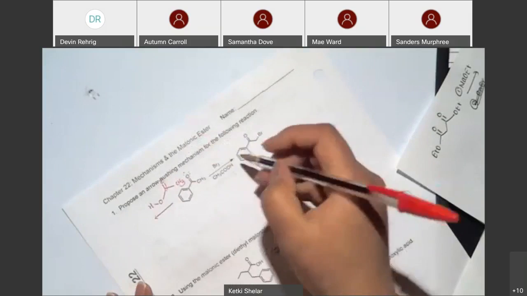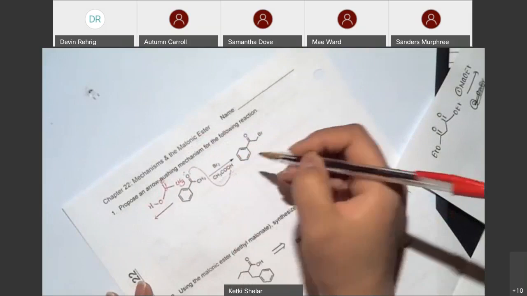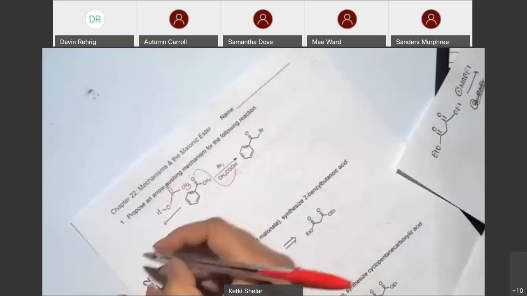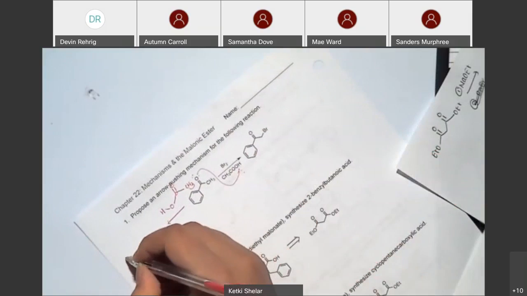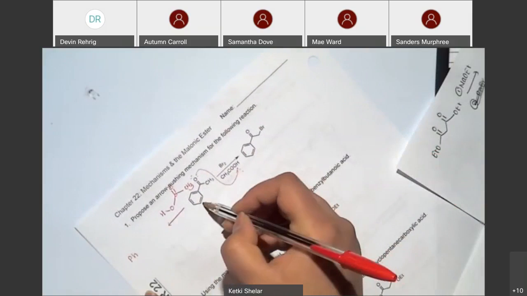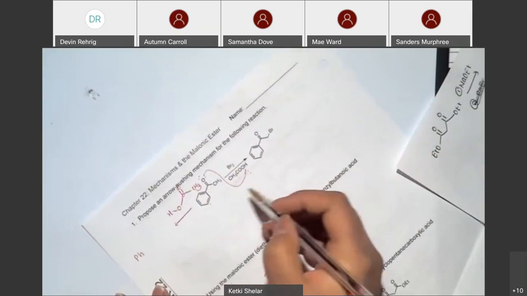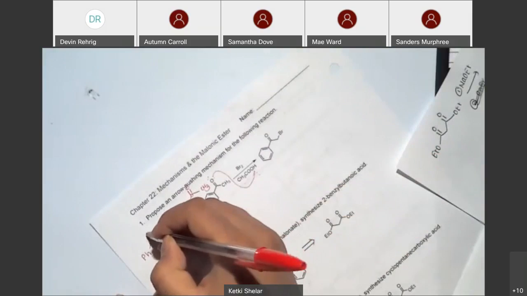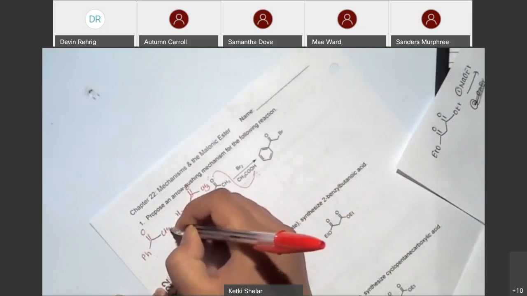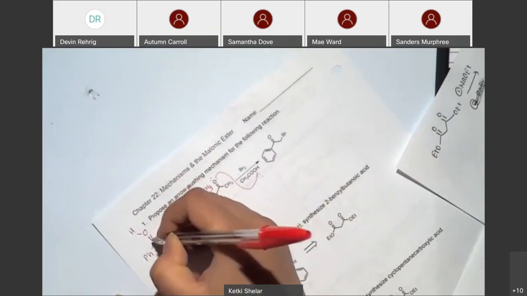What happens is that it gets protonated, and it will form, for the benzyl ring, I'm just writing phenyl because it's easy. And then you get OCH3, and this is a protonated version.